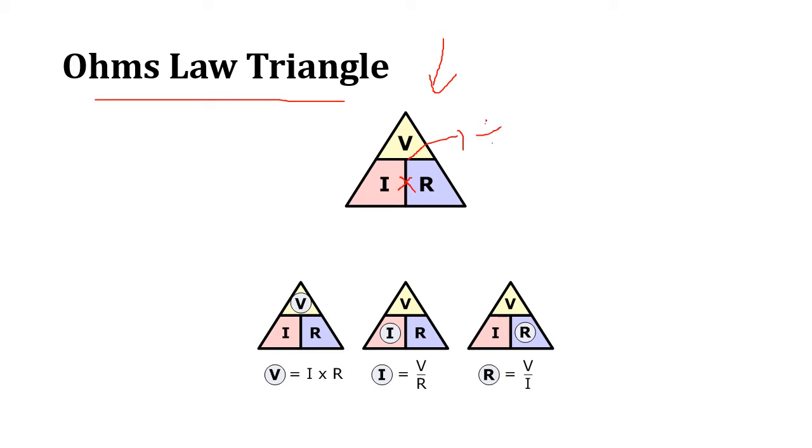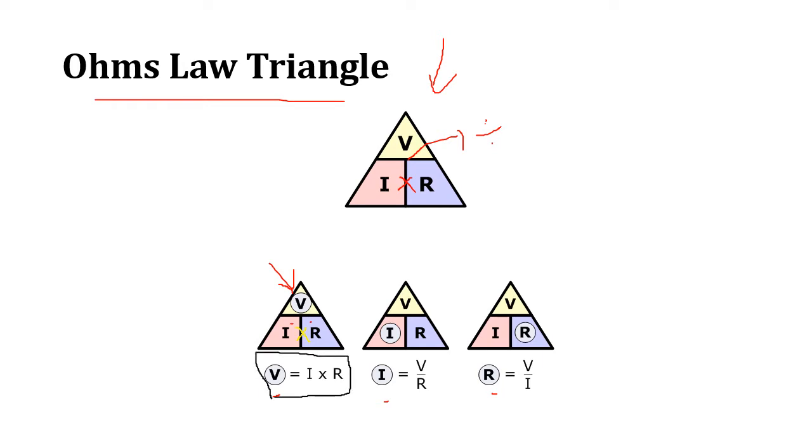In such a way we can find V, I or R. For example, I want to find V. The other two parameters are I and R, and as I said earlier, between I and R it works as multiplication. Therefore V will be equal to I into R.